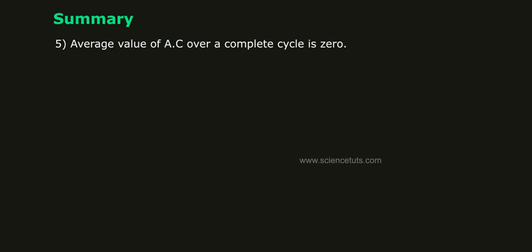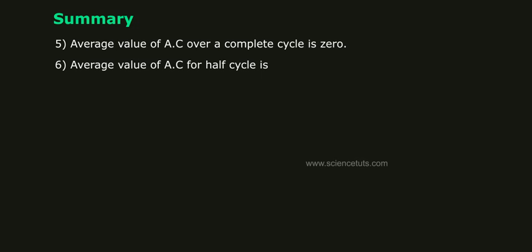5. Average value of AC over a complete cycle is 0. 6. Average value of AC for half cycle is average I equals integration from 0 to T by 2 of I dt by integration from 0 to T by 2 of dt.